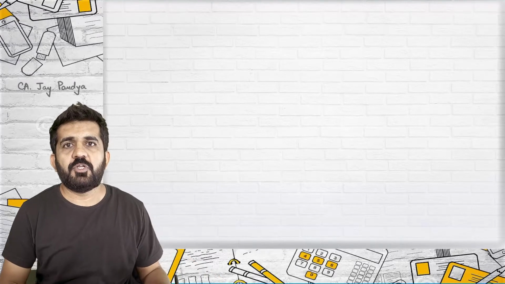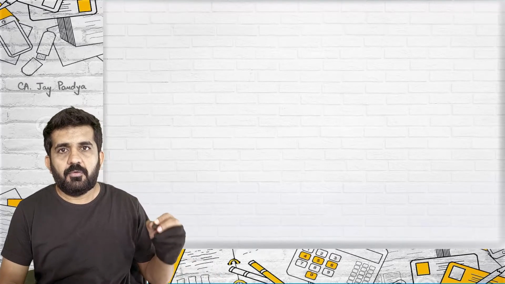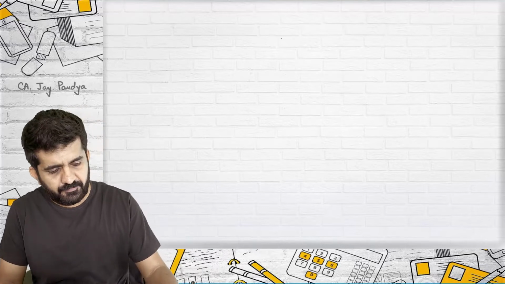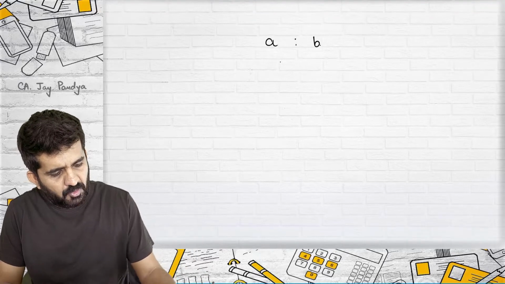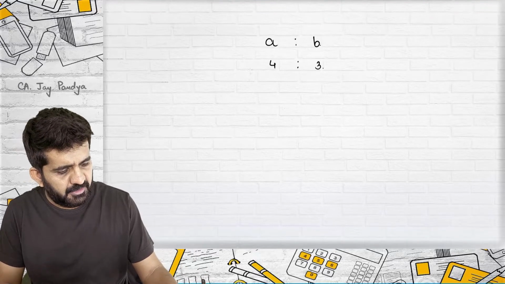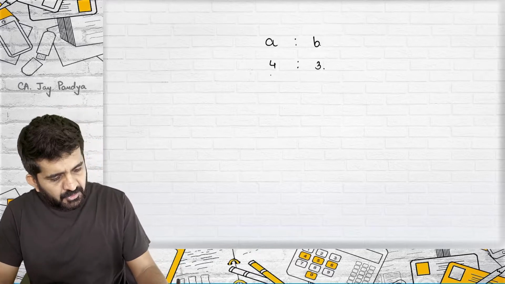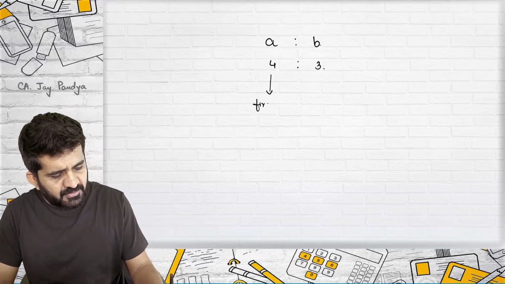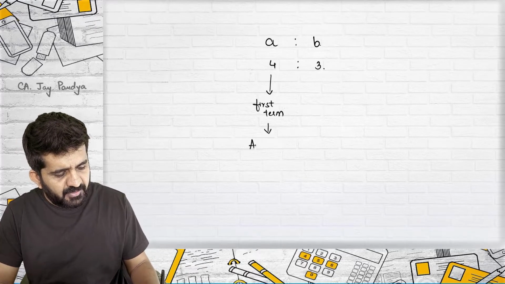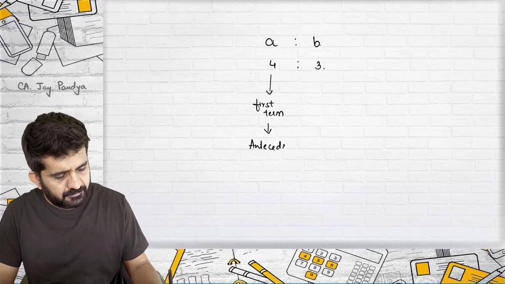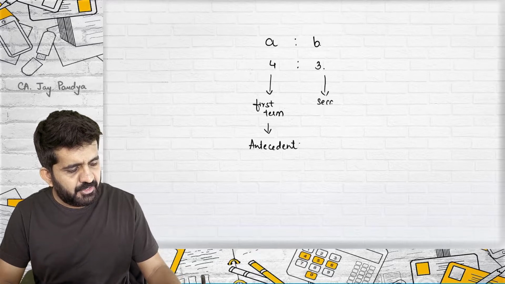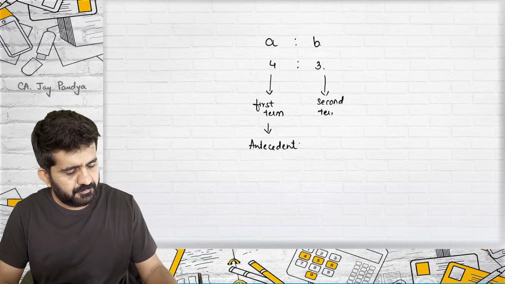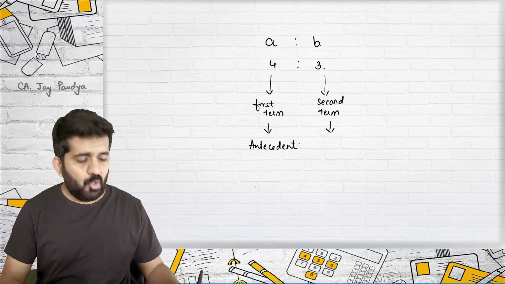Let us learn some of the terminologies in ratios. First point that we are going to learn is, suppose I write down ratio A is to B, or say 4 is to 3, then your 4 is termed as the first term or antecedent, and 3 is termed as the second term or consequent.